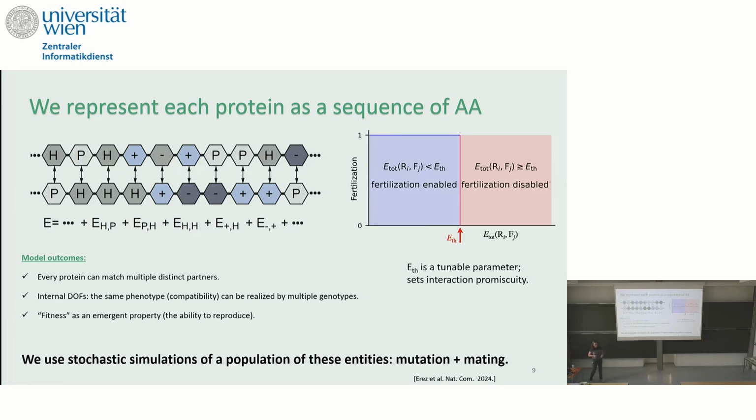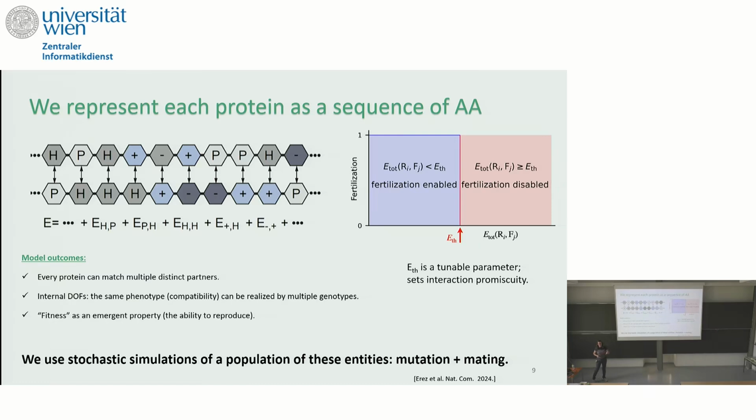To answer this question, we need a model that should account for the molecular recognition between these proteins. And we rely here on empirical studies that show that the specificity of these proteins depends on very few amino acids. So we represent every protein as a sequence of L amino acids, which you can imagine as some binding interface, the binding domain of these proteins in which they recognize each other.